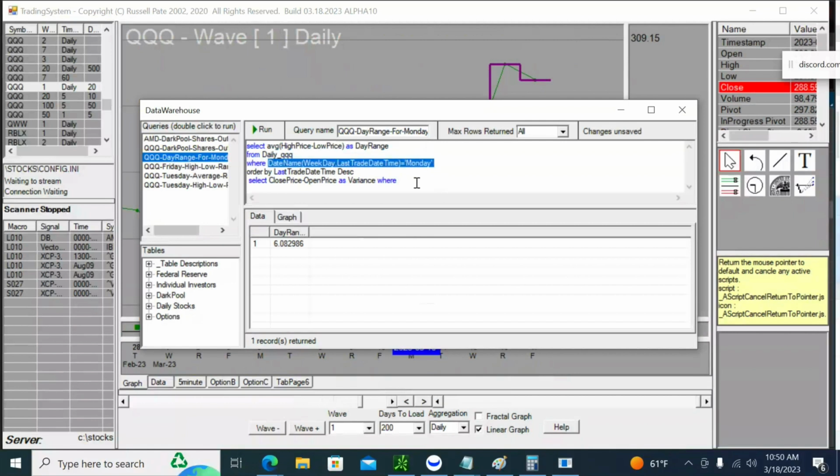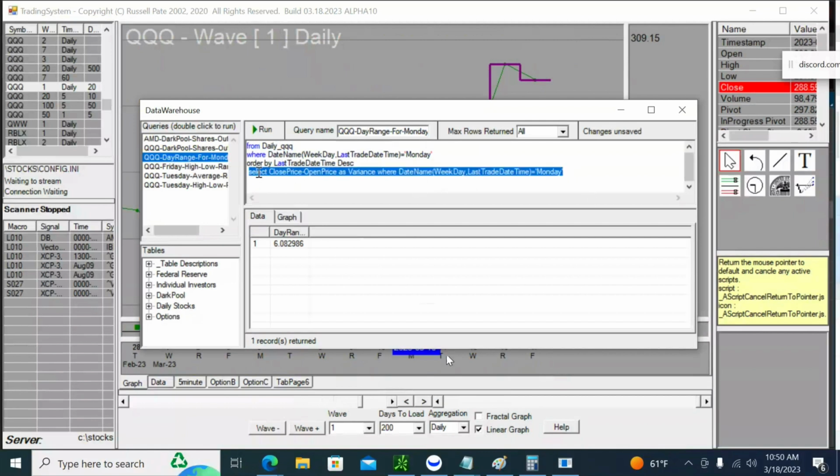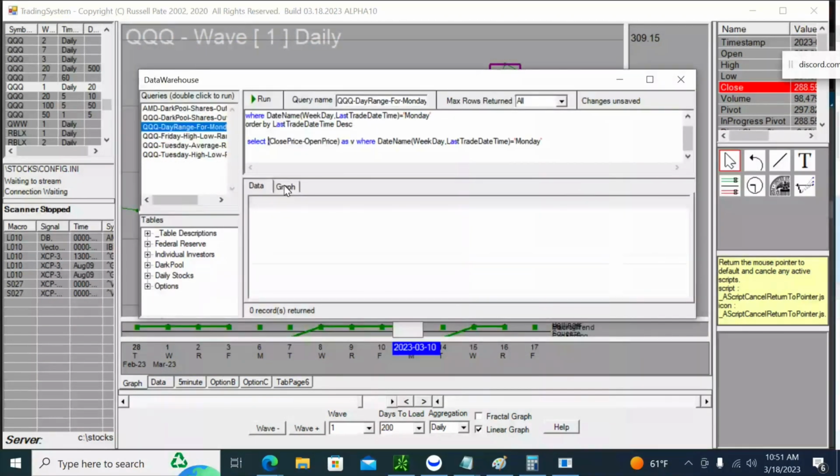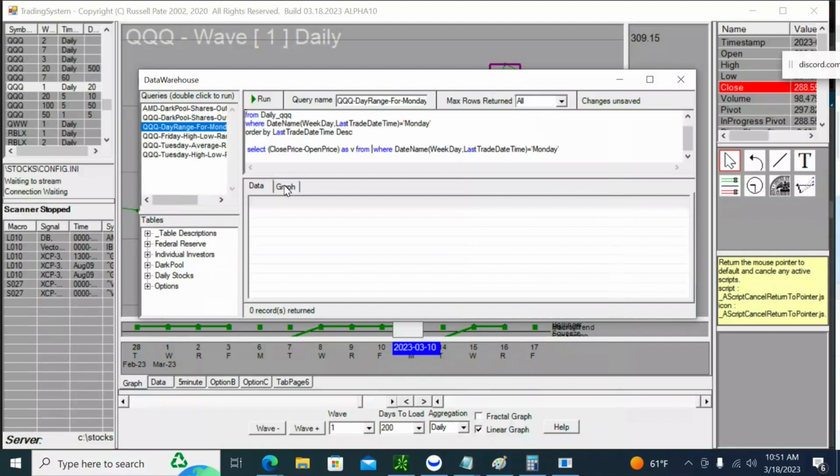For all Mondays, we'll see what the differential is between the close and the open. I'll divide out the name in there.